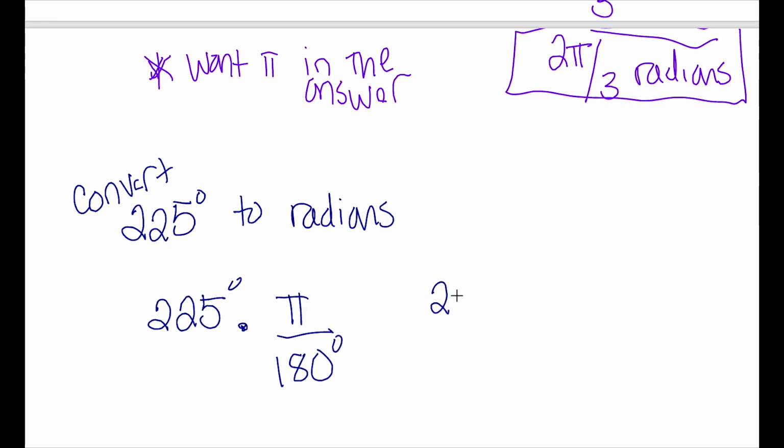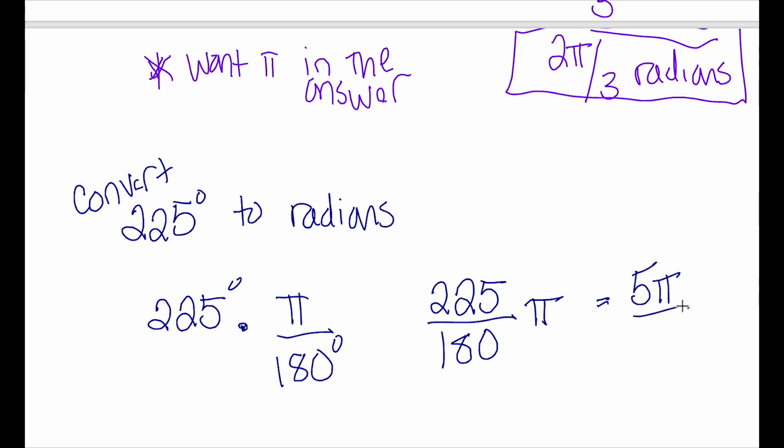Take the numerator over the denominator and leave the pi on the right. And we'll simplify our fraction. And that's 5 over 4 pi, or 5 pi over 4 radians.